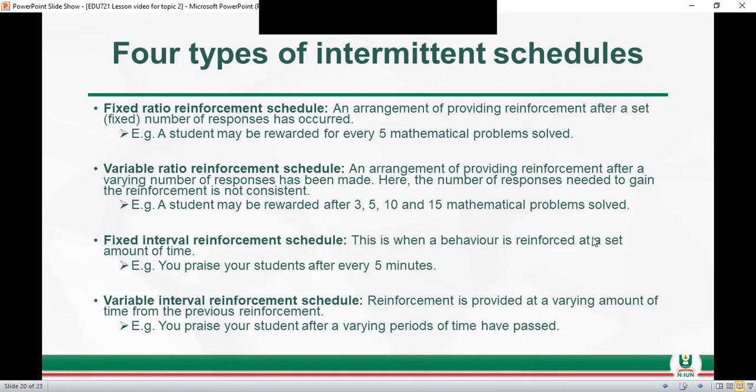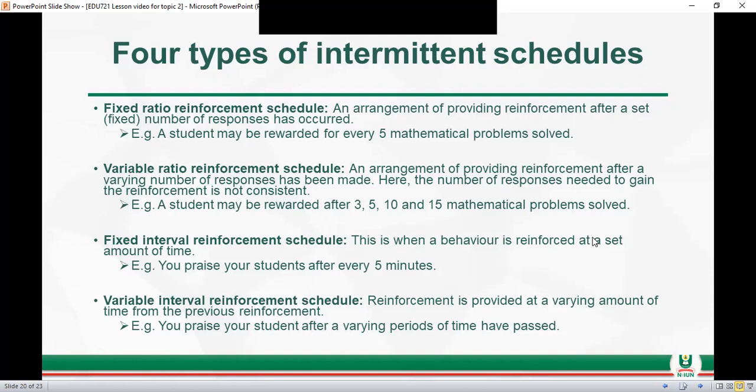The four types of intermittent schedules are, first, the fixed ratio reinforcement schedule. Fixed, just as the word suggests, fixed. Ratio has to do with number of responses. This is an arrangement of providing reinforcement after a set fixed number of responses have occurred.